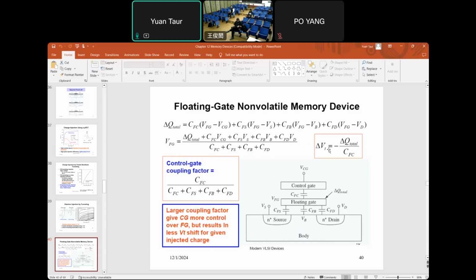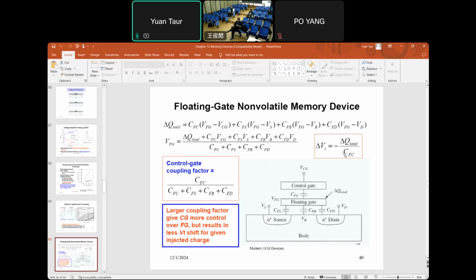Remember in the beginning we talked about the change of threshold voltage is delta Q over the capacitance between floating gate and control gate. This capacitor cannot be too large, because if it's large, that means you need a lot of charge to shift the threshold voltage.